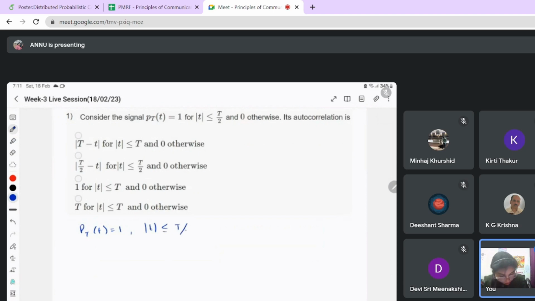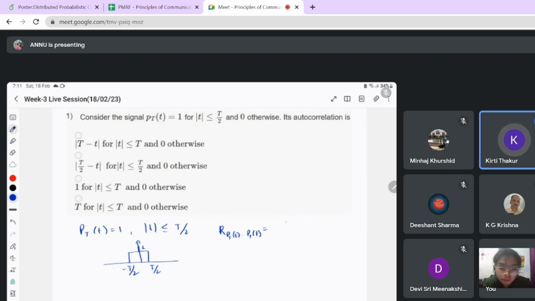p(t) is 1 from minus T by 2 to T by 2, and we need its autocorrelation. Can somebody tell me the formula for the autocorrelation? It is represented by R. Auto means it is a correlation with itself. Kirti?